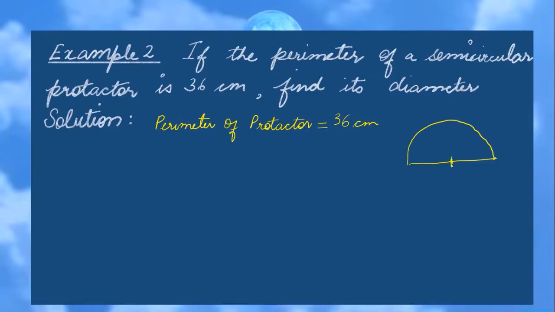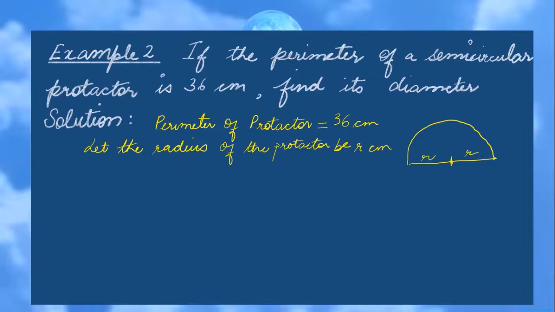And we will assume, suppose, let the radius of the protector be r centimeter. Now you can see this is r, this will be r.